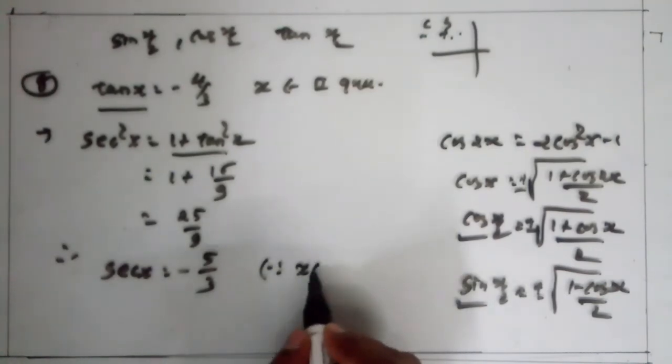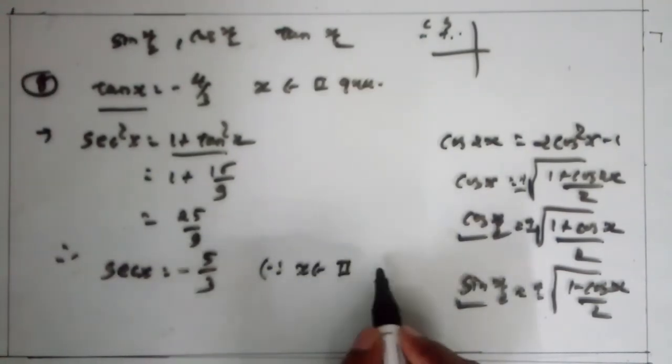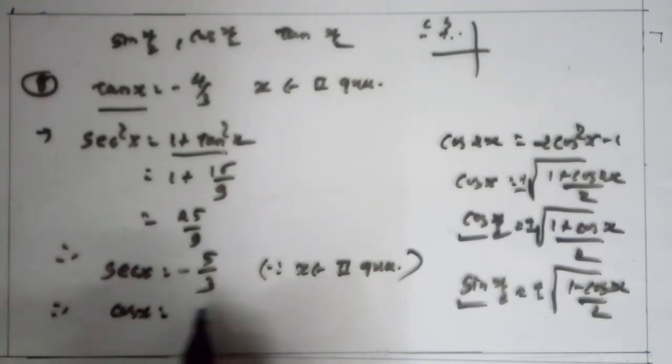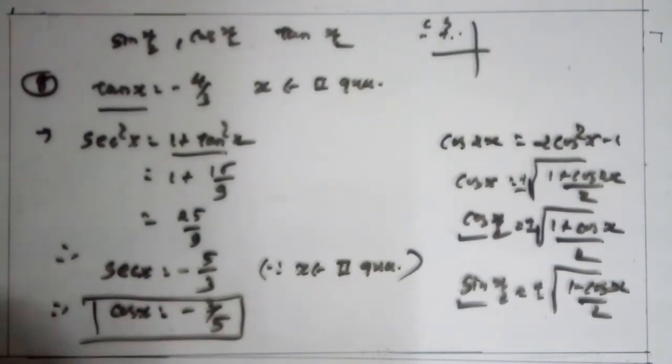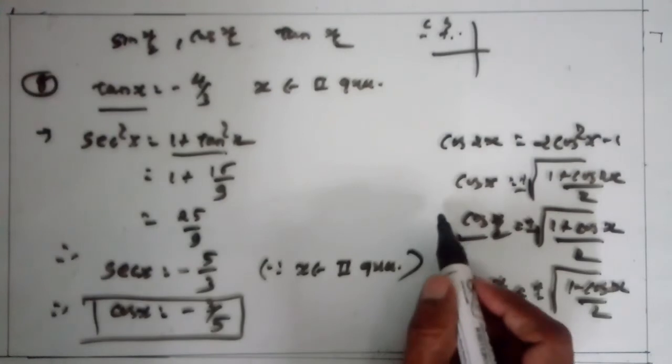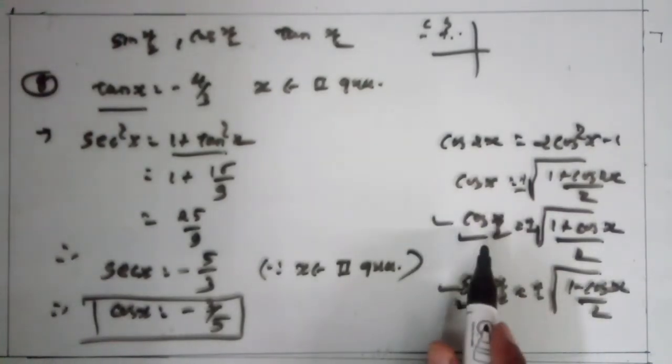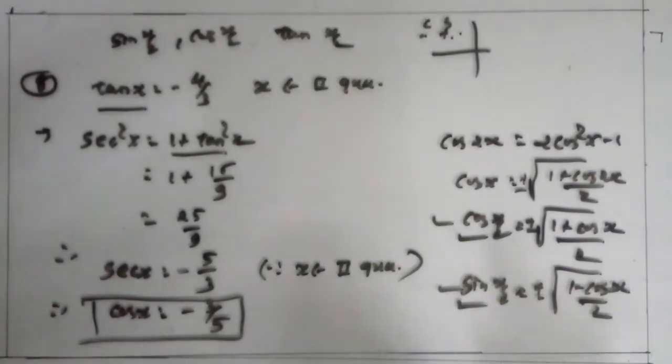Because x lies in the second quadrant. Clear? Remember this. Therefore cos x is equal to, take reciprocal of this, minus 3 upon 5. So using this value of cos and applying this formula, we get the value of cos x by 2 and sin x by 2.